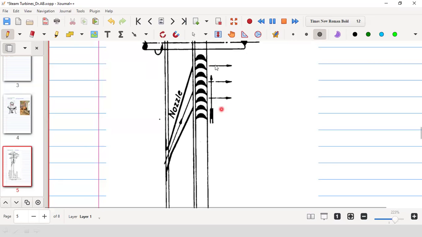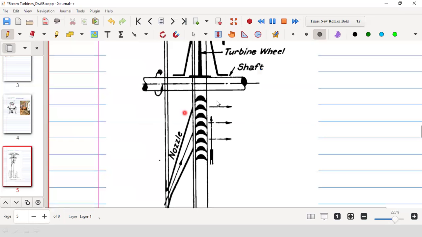There will not be any tangential component. It is expected that there is no tangential component. So for maximum efficiency, the velocity at the exit from the blade will be along the axial direction. So this is in the meridional plane, this diagram.